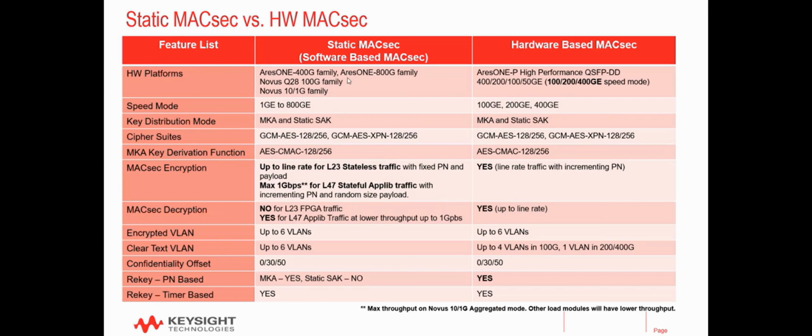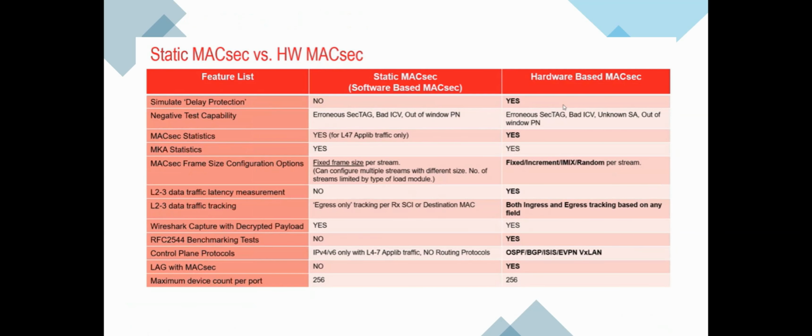So rekeying, for example, is not available when you're doing static SAKs on the software-based, and it's always available on the hardware-based. There are a few other differences here in how we do frame rates, availability on the software-based and not, and the tracking for the packets as well.